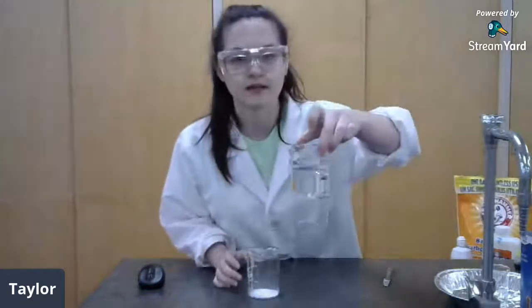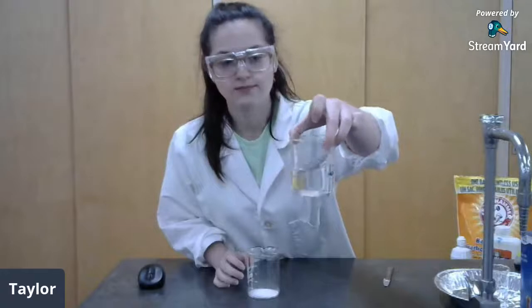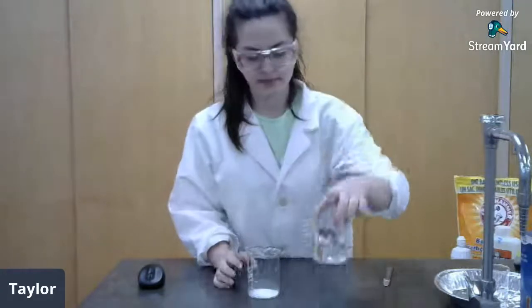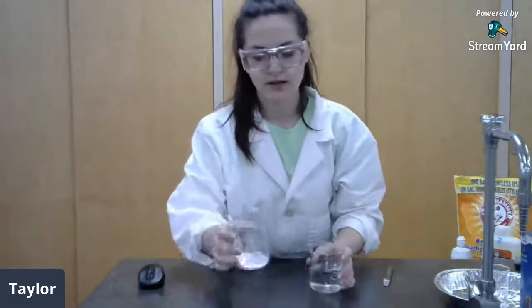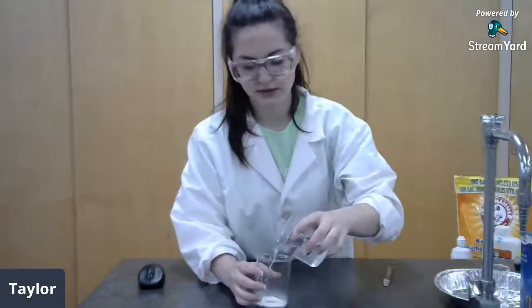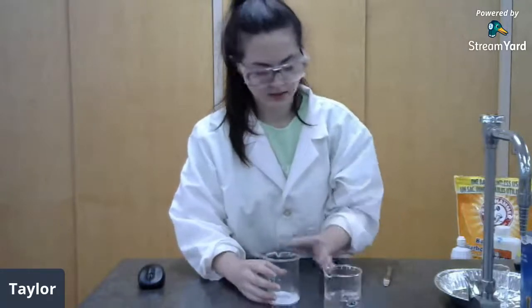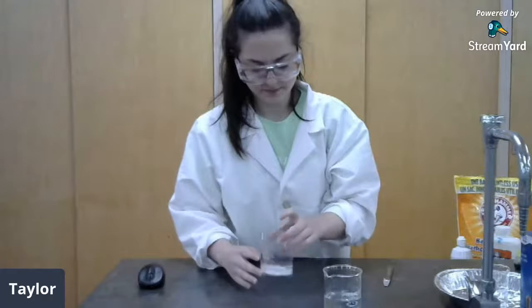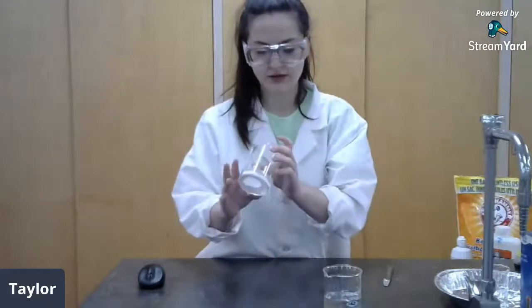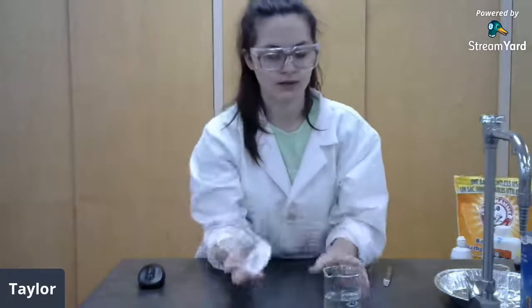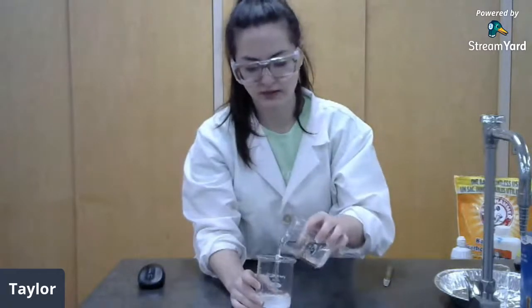And as you can see, the water is very liquidy. And we're just going to add it to this and stir it around a bit. And all of a sudden, it just turns into this jelly-like substance. And we can add more to it as well.